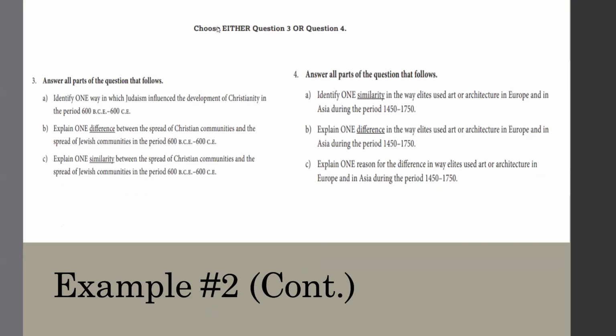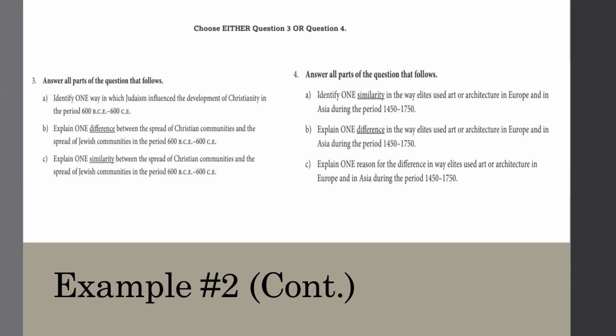Now, this is where it says choose either question 3 or question 4. Like it says, choose either. Do not do both. All right? Do not do both question sets. I am strictly saying this.